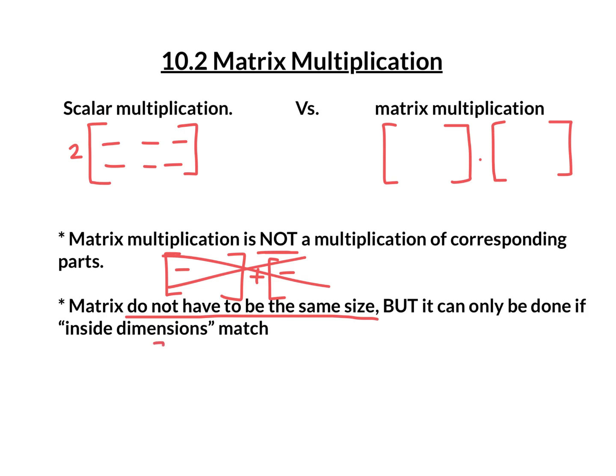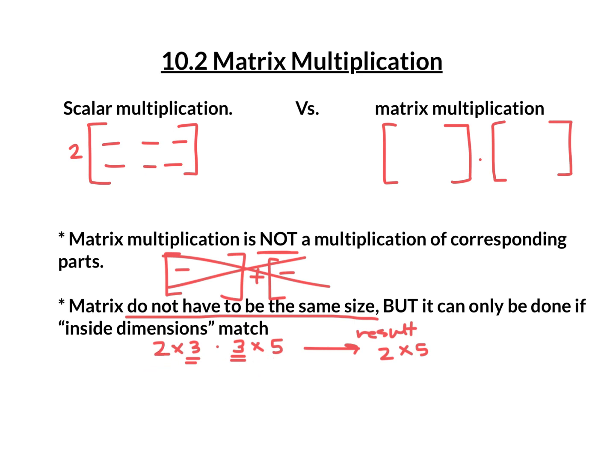If I multiply a 2 by 3 matrix times a 3 by 5 matrix, this is valid because the inside dimensions match. The result for such a multiplication would be a 2 by 5. Notice those are the dimensions that I have remaining.